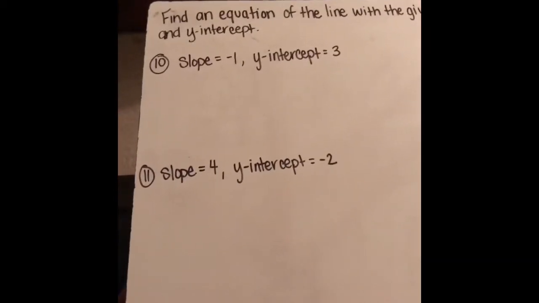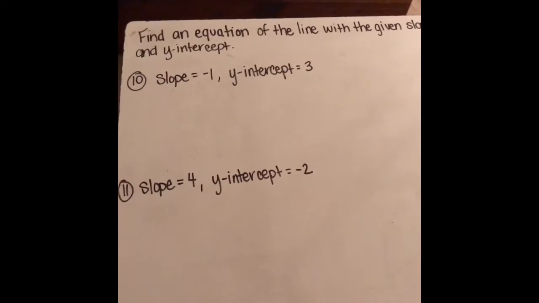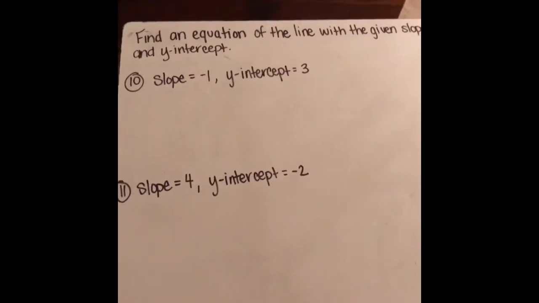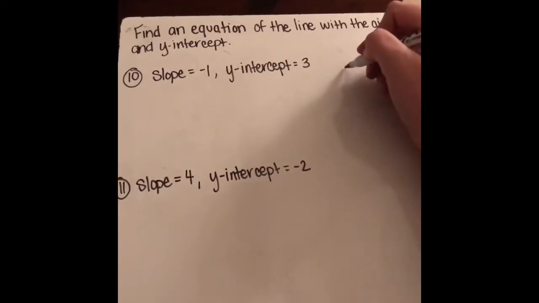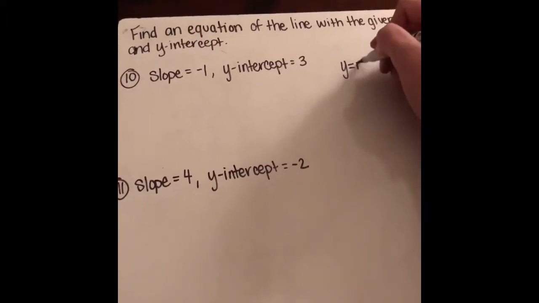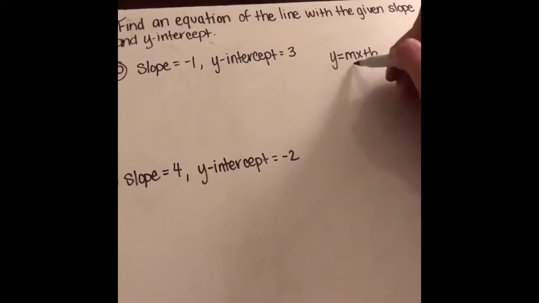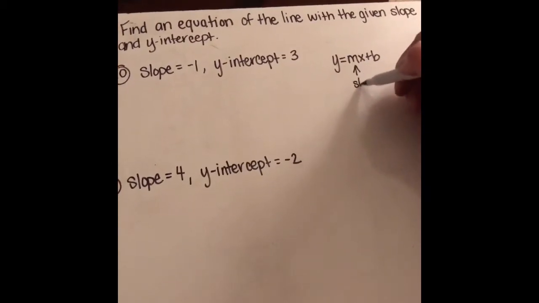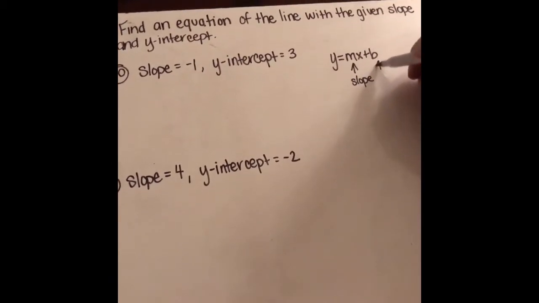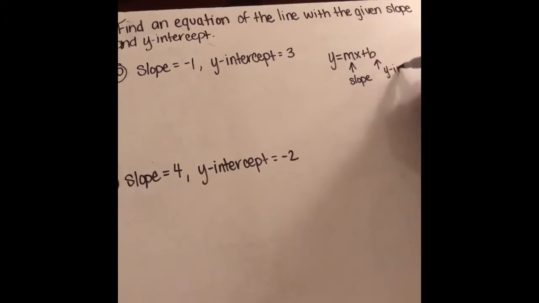Okay, so 10 and 11 are to find an equation of the line with the given slope and y-intercept. So again, we're going to be working with y equals mx plus b, knowing that m is your slope and b is your y-intercept.